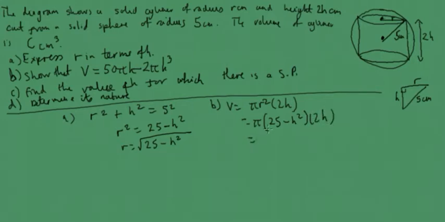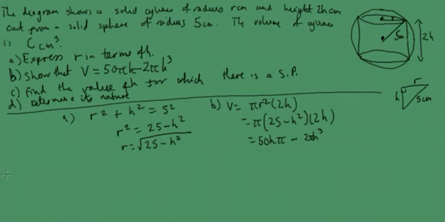So let's expand the bracket. 2h times 25 is going to be 50h, and we've got this pi here, and it's going to be minus 2h cubed, and I'll put the pi in there, and that's what we have here.